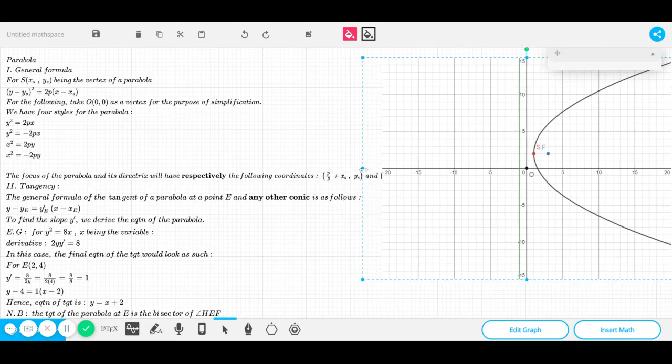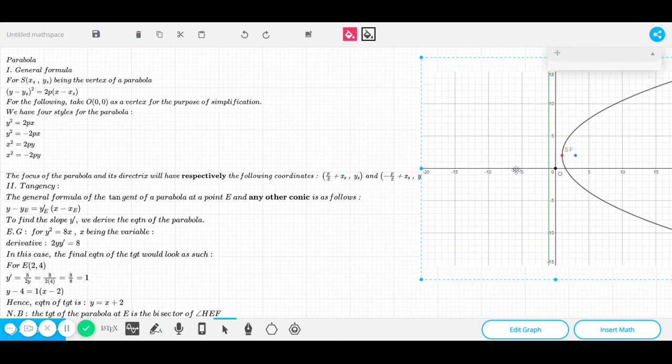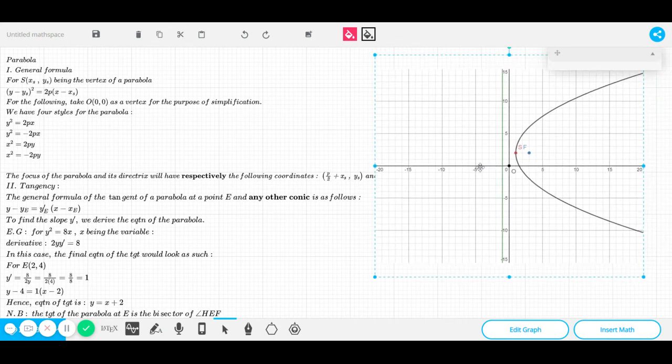Actually, I've written it down, but okay, I must figure out a way to minimize the explanation in each video. Until then, I hope it's clear for you guys.